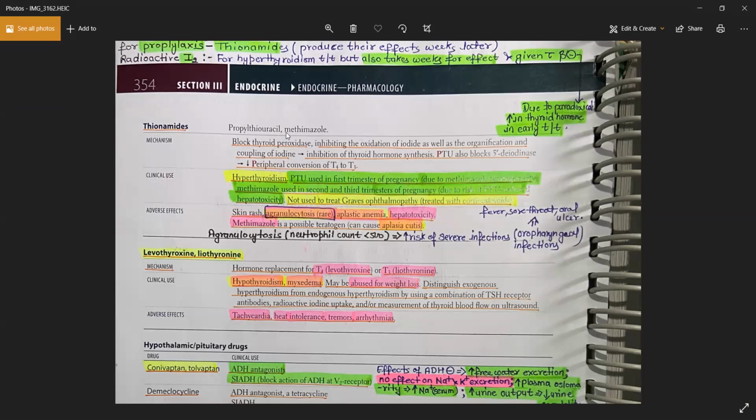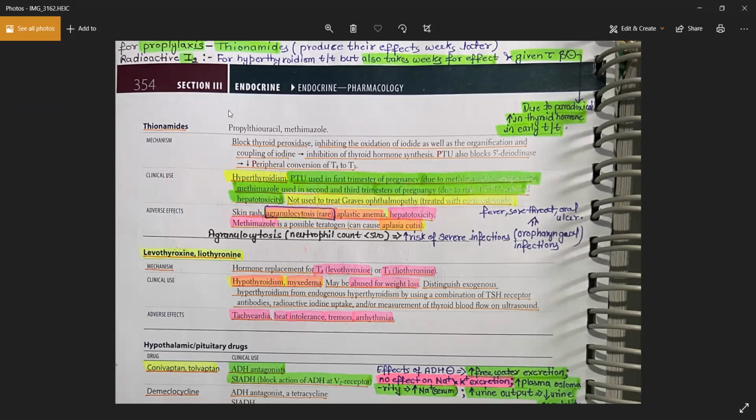So PTU is a highly hepatotoxic drug, and methimazole is a highly teratogenic drug. So you cannot give methimazole to a first trimester patient. Any female who is pregnant and in the first trimester, you cannot give methimazole because it is highly teratogenic, and all teratogens act mainly in the first trimester.